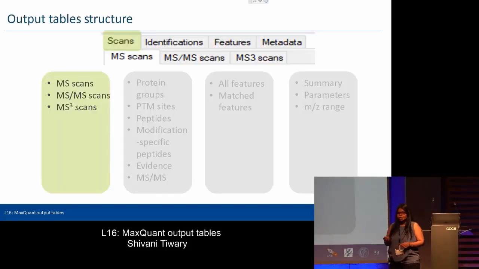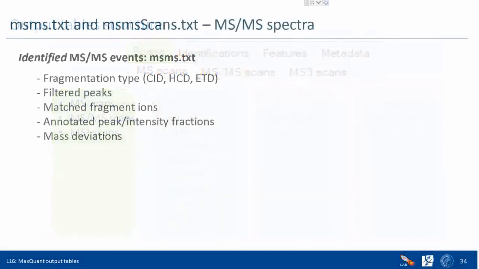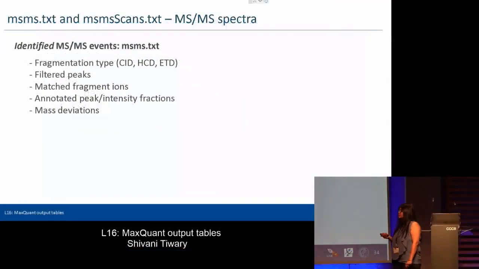Up next are the scan tables. Here we get information about the MSMS scans and MS3 scans and MS scans. These names are all similar, so don't get confused. The msms.txt in the identification tab has all the MSMS that were identified, whereas msmsScans.txt has all the MS/MS scans, irrespective of whether they were identified or not.